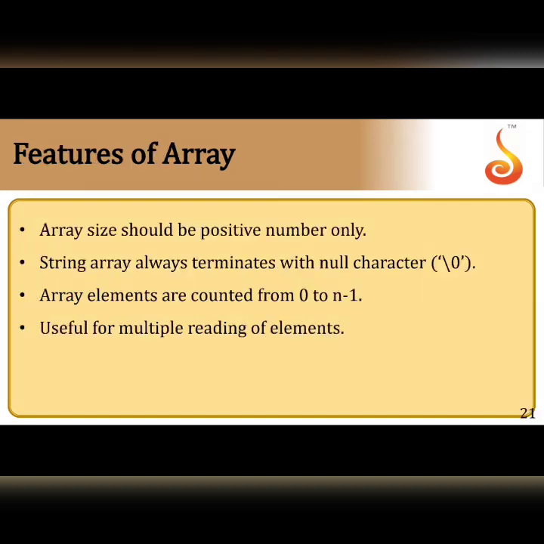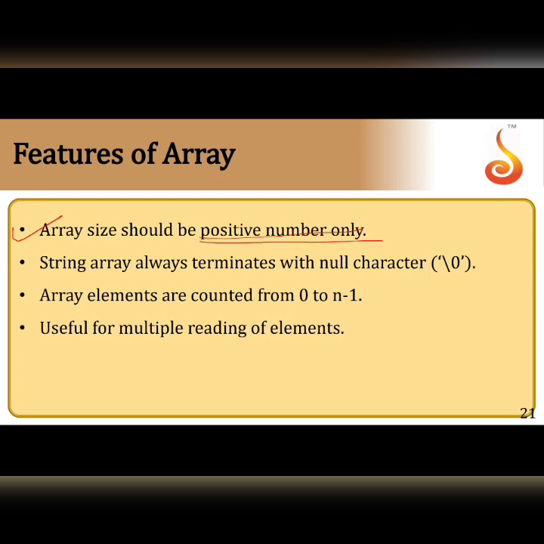Next, we'll start with the features of the array. In an array, the size has to be a positive number only. What does it mean? The array can have negative numbers as elements, but the size of the array, that is the maximum number of elements, should be positive.